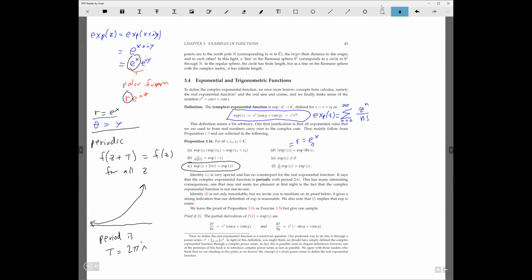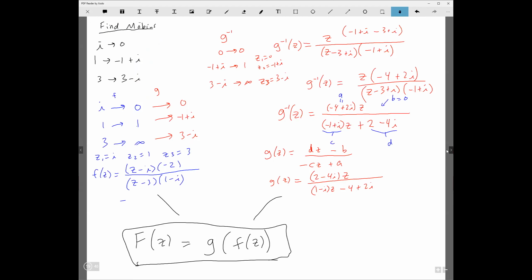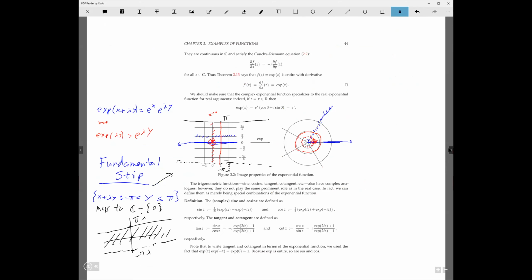So what that means in this context is that if you have, say, a point right here, and you subtract 2 pi from that point, then those 2 points are going to map the same. This function is going to map both of these points to the same value.